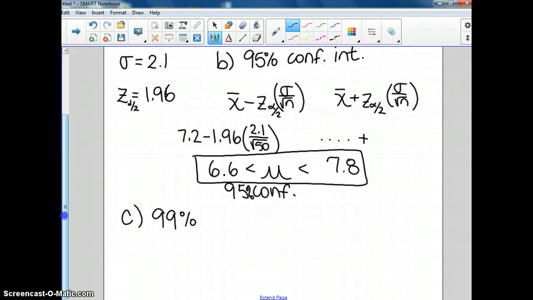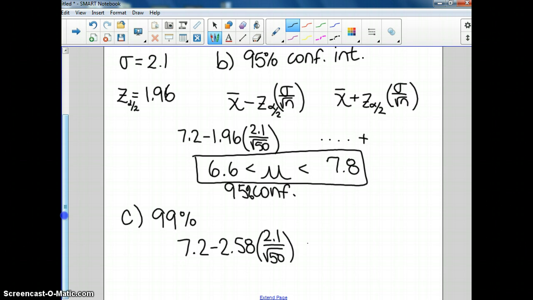Okay. For this problem, I lost my z-score, should be 2.58, but my fingers have stuck my pages together. 2.58 for a 99% confidence level. So we start with that same 7.2. We subtract the z-score of 2.58 times the same standard deviation of 2.1 over the square root of 50.